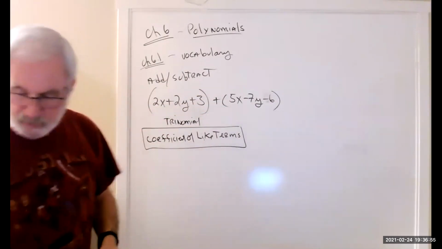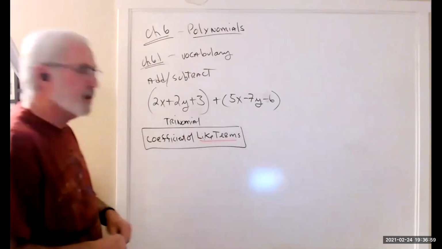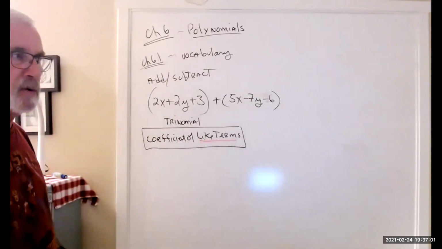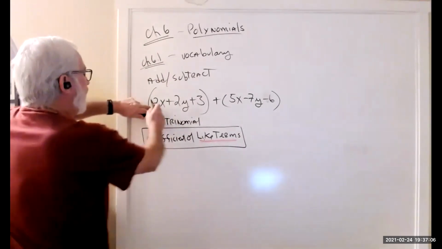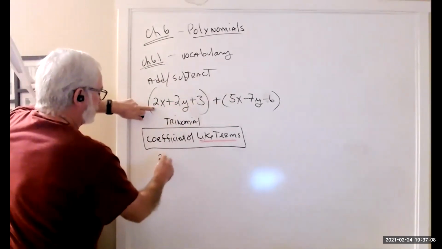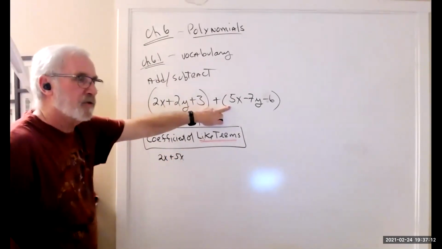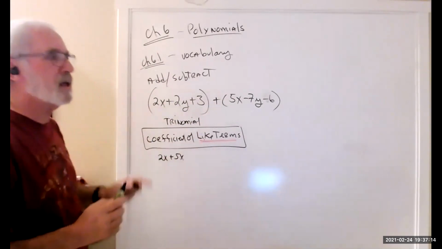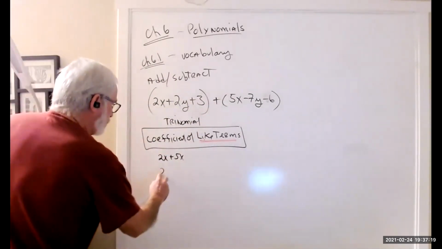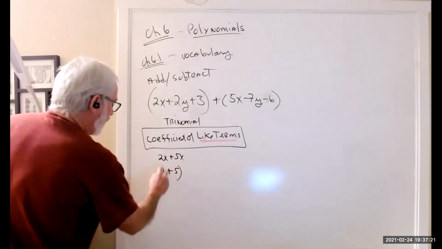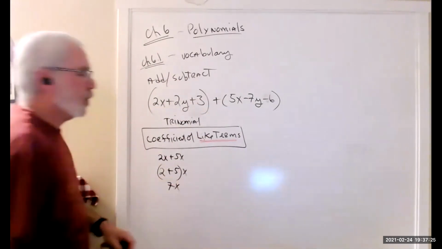Like terms, most of you know this because we've been doing it for most of the semester already, means they have to have the same variable. So when we say I want to add the 2x and the 5x, because those are like terms, listen to me carefully. Technically, what you're supposed to add is the 2 plus 5 x's and get 7x.